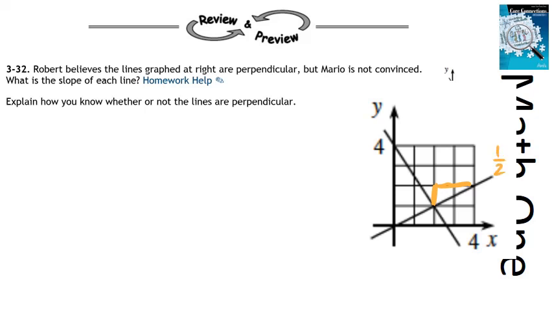The other line, if I look at it, appears to go down 1, 2, 3 units, and then to the right 2. So this line has a slope of down 3, so -3 over 2. Those lines are not perpendicular to each other.